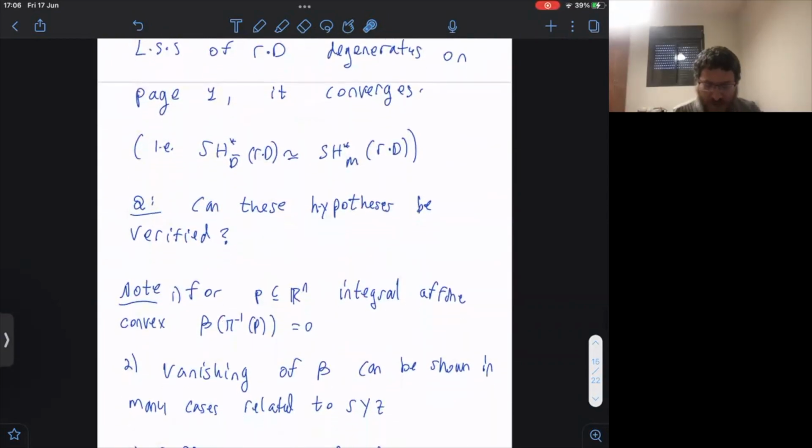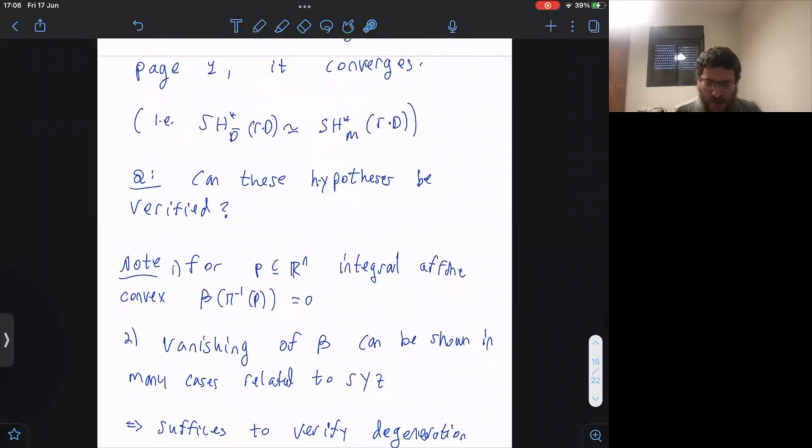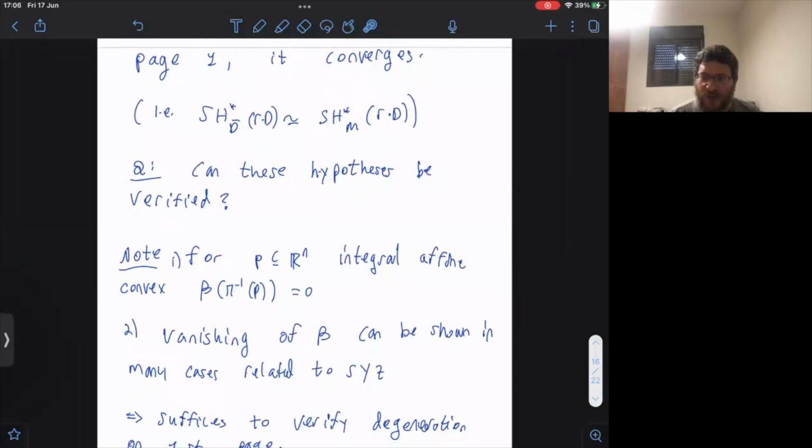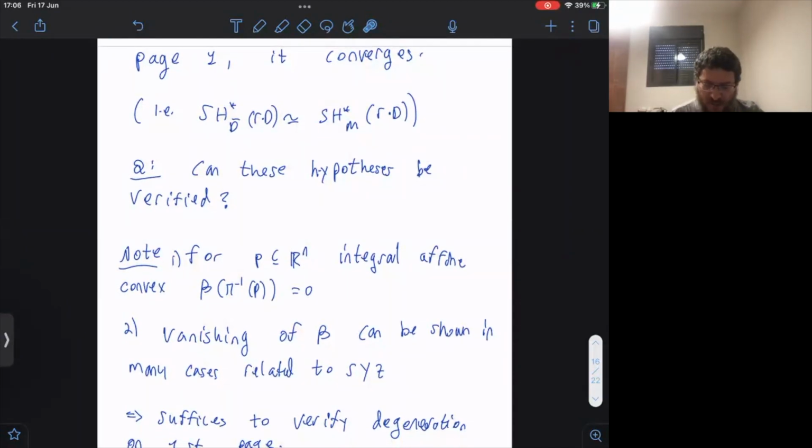So I will just say that, for example, if you consider a torus, then the boundary depth is 0. So everything is automatic. And in many cases which we care about, of singularities of SYZ fibrations, this boundary depth condition is easy to satisfy.